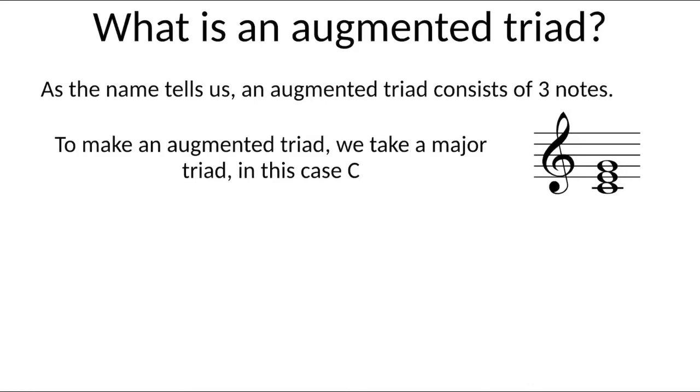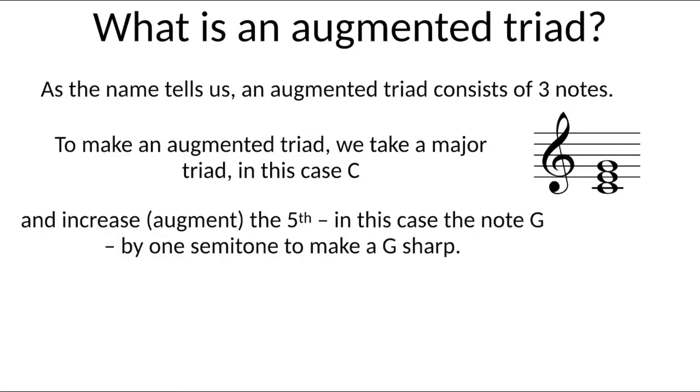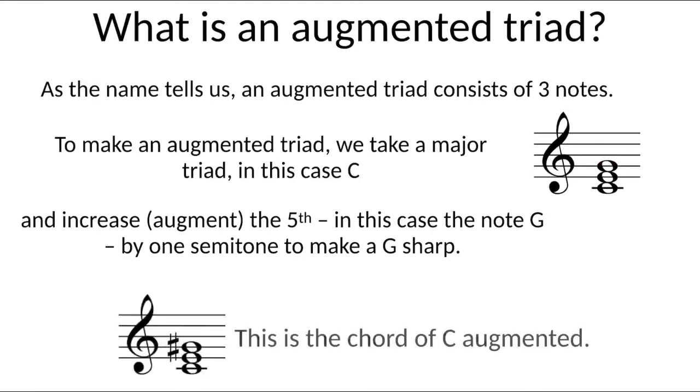So to make an augmented triad, we take the major triad, in this case C, and we increase, augment the 5th, this note here, the G. So we augment that G, we make it bigger by 1 semitone to make it a G sharp, and that gives us the chord of C augmented.